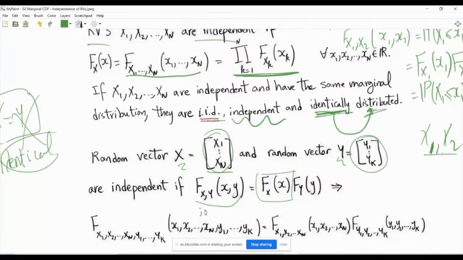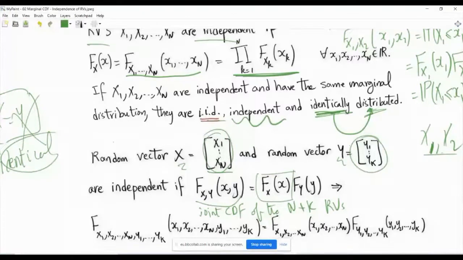If I say that these two random vectors are independent, I mean that you can write the joint CDF of the x's and y's together as the product of two things: the CDF of the x's and the CDF of the y's.